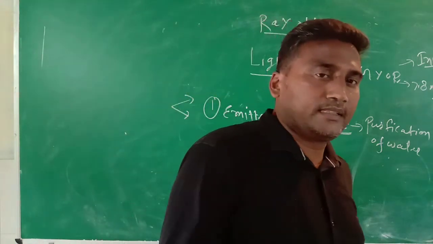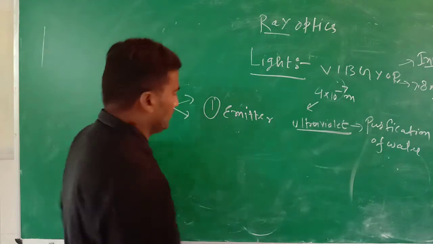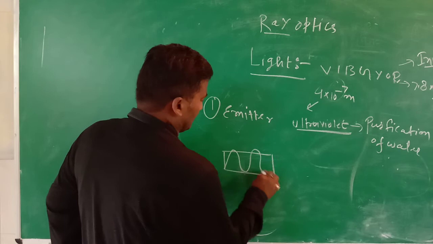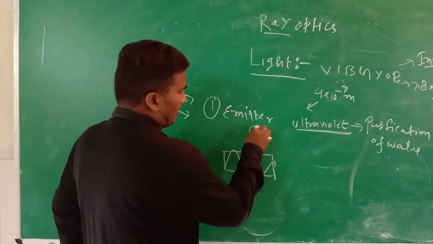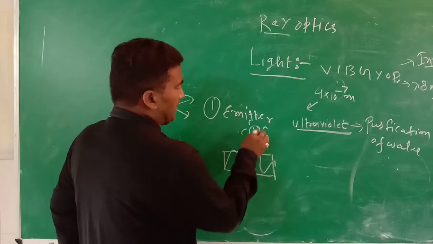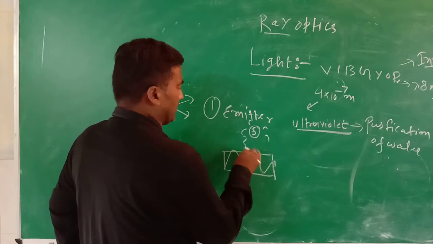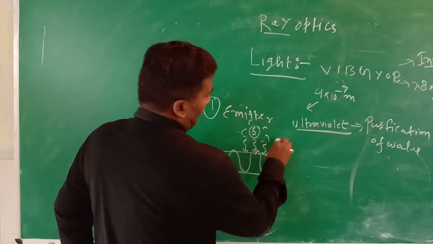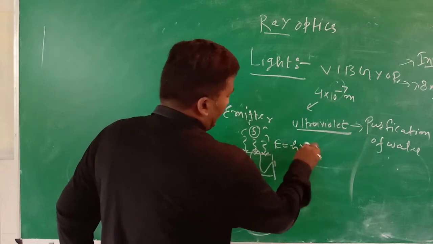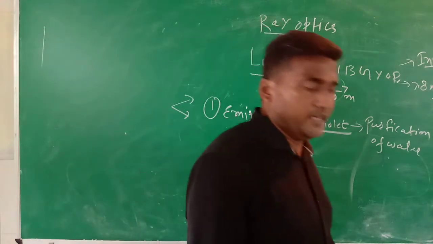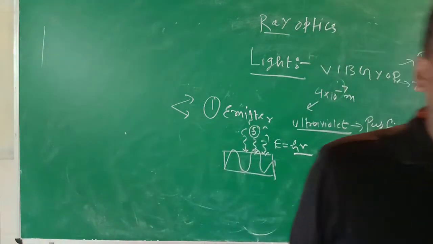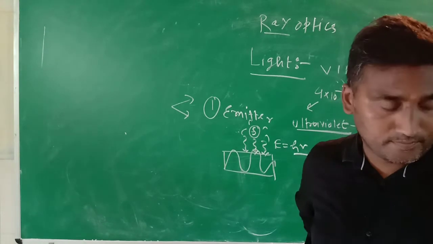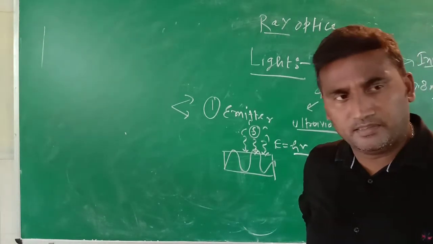That body which ejects electrons in the presence of sunlight is known as an emitter. When high intensity sunlight strikes a photosensitive plate or metallic plate, then electrons are ejected from the body, known as photoelectrons, and the process is known as photoelectric emission.